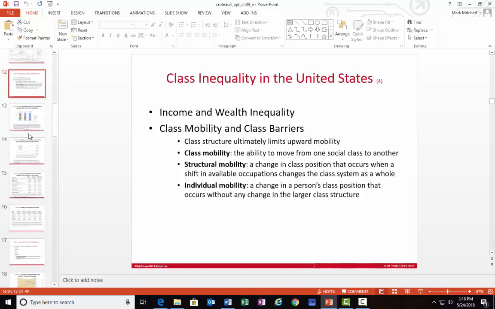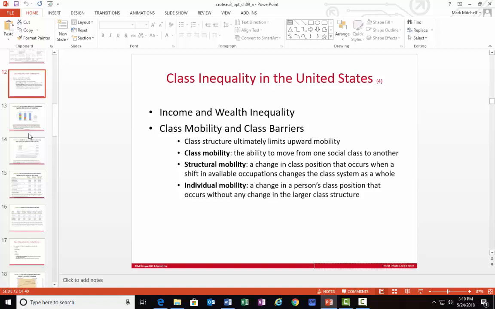When we talk about class inequality in the United States, there are some barriers, some individual and some systematic. Our book mentions that in terms of structural, meaning there's something larger than an individual's effort or ability that's affecting him or her or a large group of people. So think of the Great Depression when the unemployment rate was 33% compared to what it is today at around 4 to 5%.